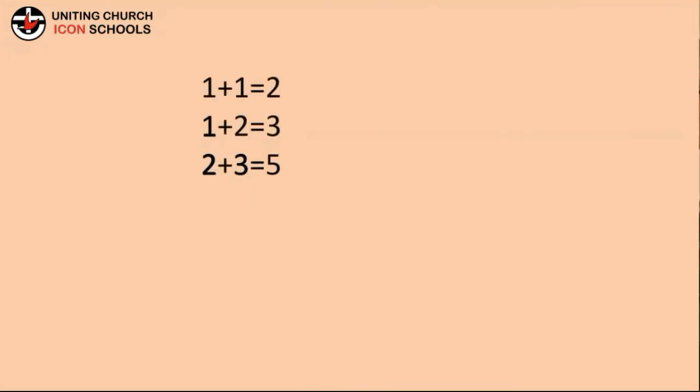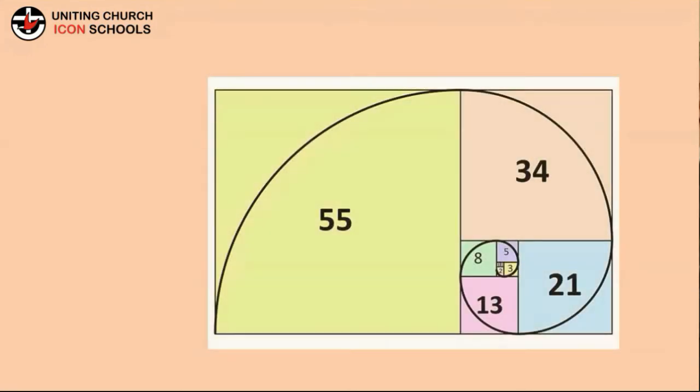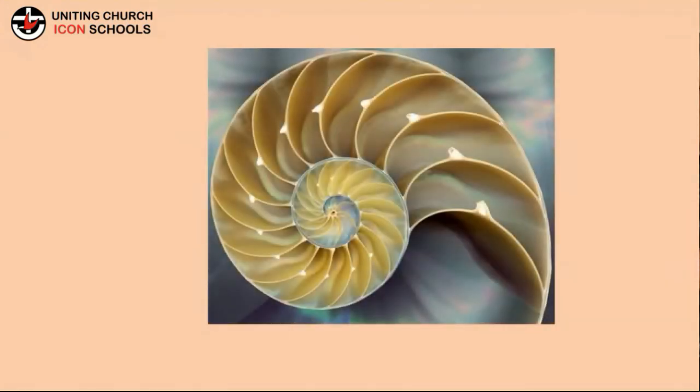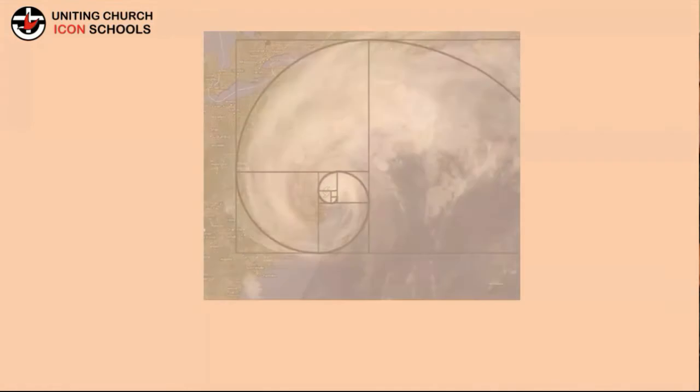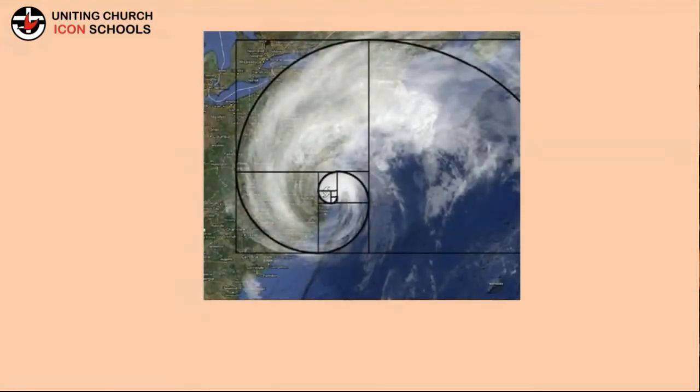And if you represent it, if you have 1 plus 1 is 2, 1 plus 2 is 3, 2 plus 3 is 5, and you're making these squares in those proportions, you get this spiral effect, which we see in nature again and again in all sorts of things.